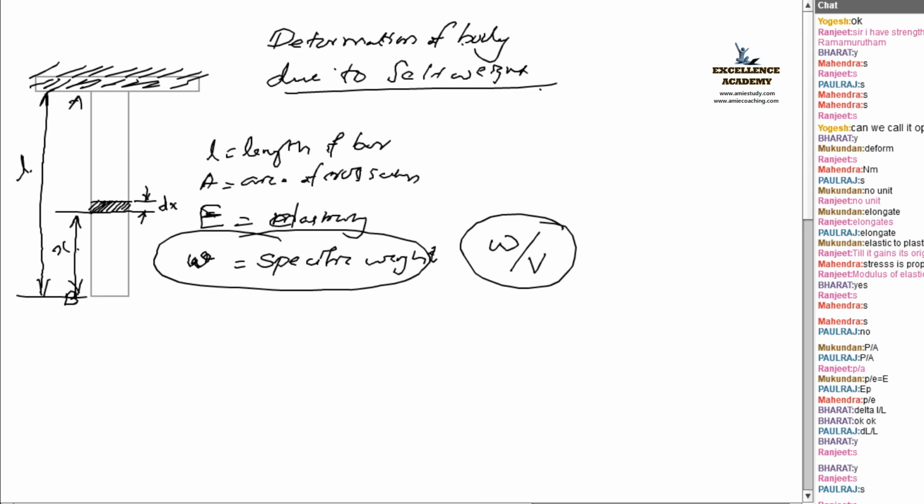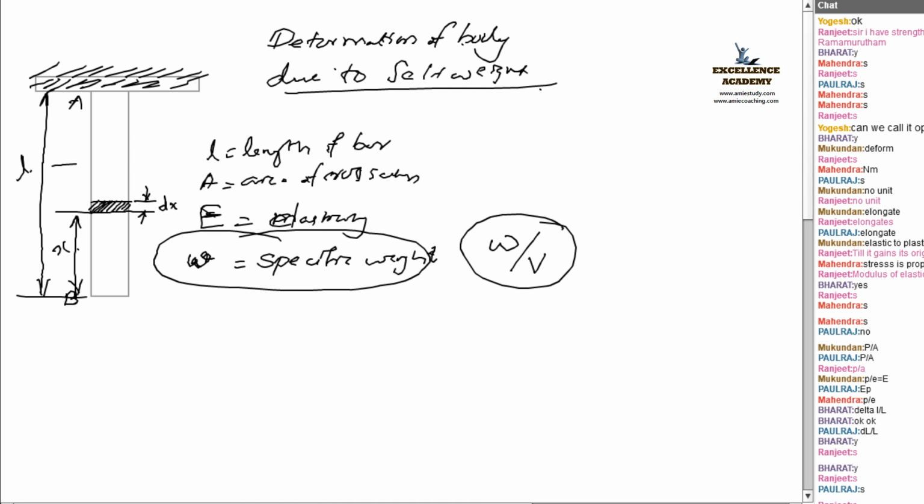First of all, can you help me to find out the weight of the bar for a length x? Now we only consider that small portion dx. We can leave the remaining portions. I am going to consider only that small portion of that bar, that is dx, at a distance x from the point B. Now I want to find out the weight of the bar for a length of x.